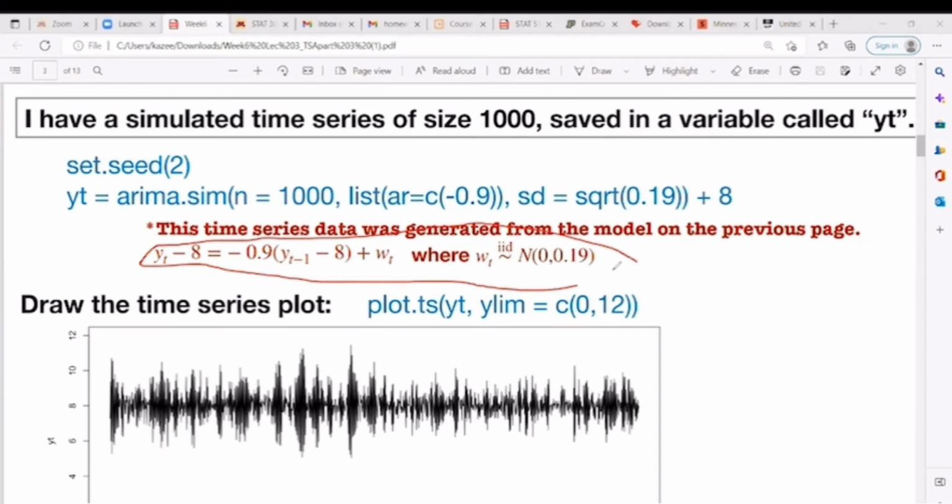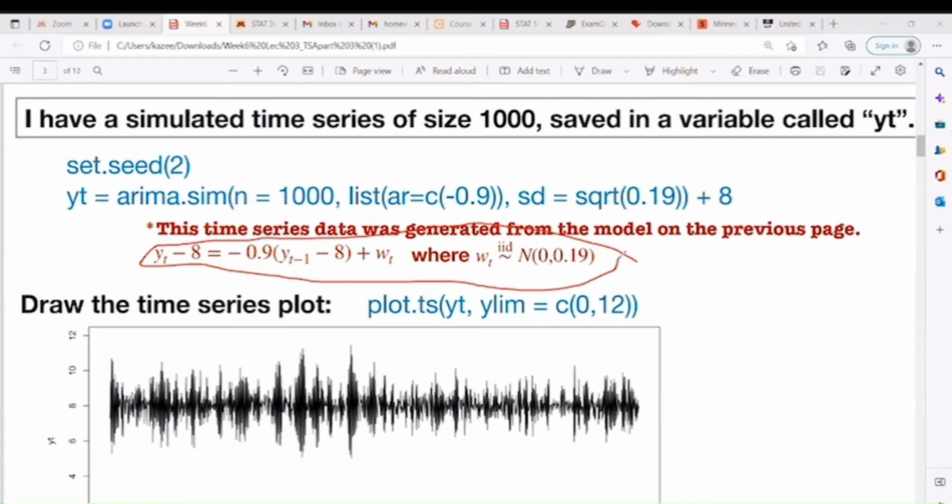How do we simulate the data set, as in Yt? Simulation is more or less like, if I have this model, what kind of data set was used in arriving at this model that I have right now? I want to show you now how we can actually do that.